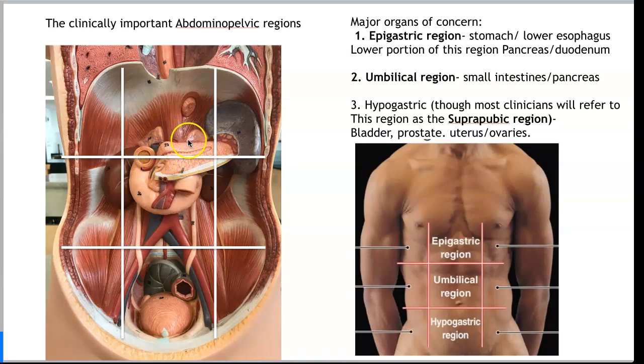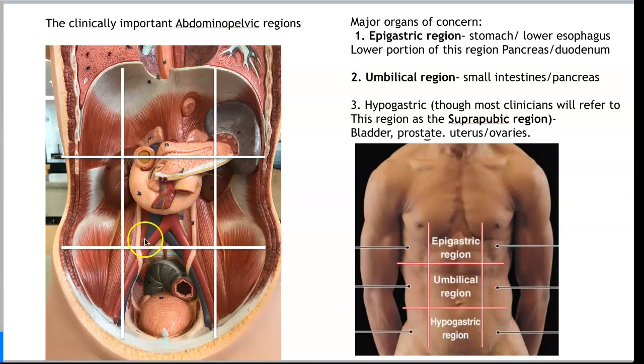This is the pancreas. Now pancreatitis, itis means inflammation. If you have inflammation of the pancreas, that is severe pain. Patients can die of pancreatitis. So epigastric pain, you're going to be thinking of the stomach, the lower esophagus, and possibly the pancreas, and the first part of the small intestines, which is the duodenum here.